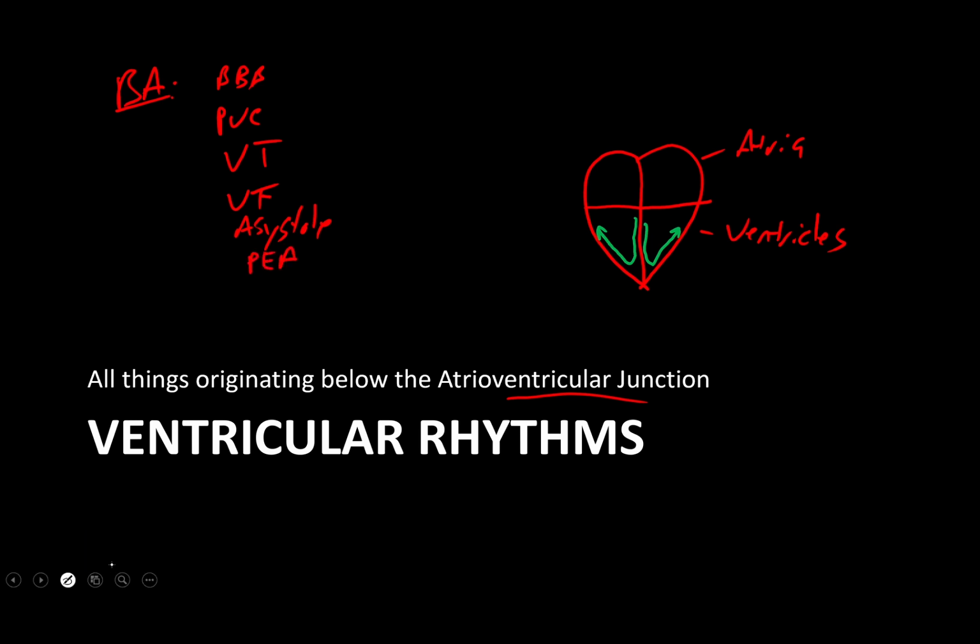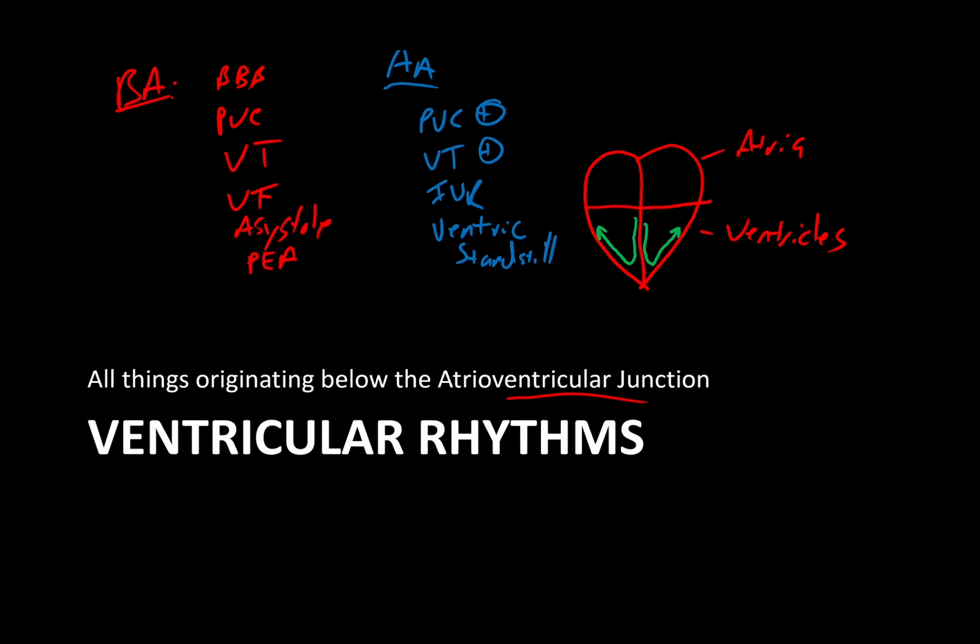As for the advanced arrhythmia, they are going to learn about some extra items having to do with PVCs, V-Tach, as well as Idioventricular Rhythm and ventricular standstill. Right. And on we go.